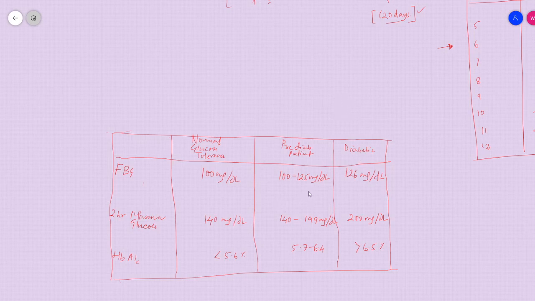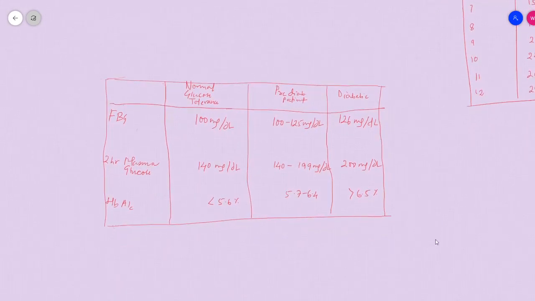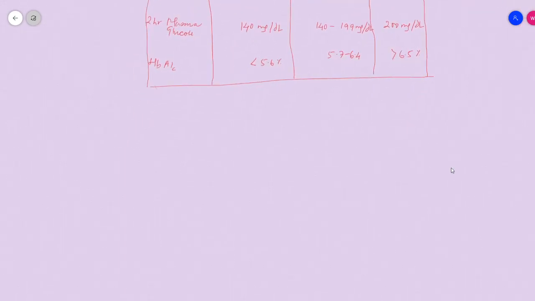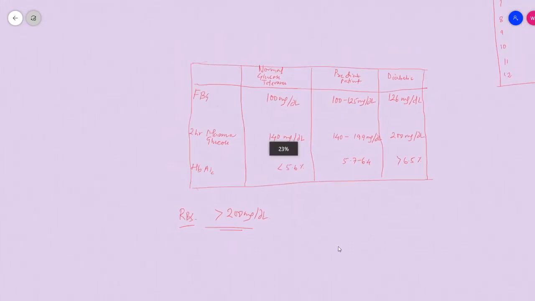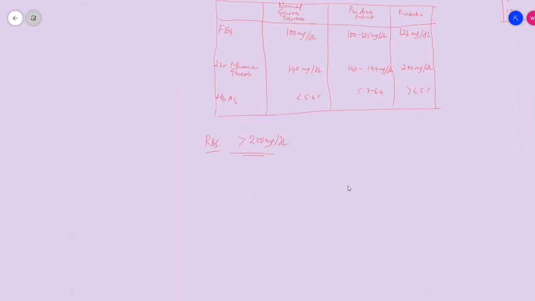So we'd have an idea just by looking at the patient, but it's always wise to confirm it with lab tests. In this case, the random blood sugar should also be greater than 200 milligram per deciliter. So those values enable us to diagnose whether the patient is diabetic or not.